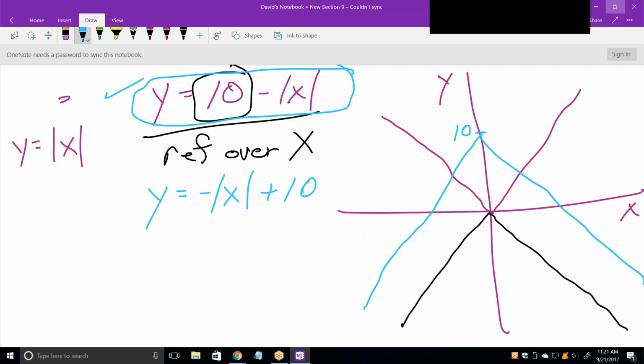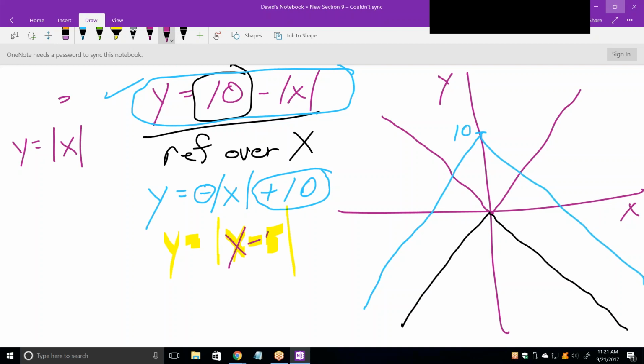Okay. So the first thing I run into is the negative sign. That's a reflection over x. We did that first. Next thing I run into is a vertical shift up 10. That's different than a horizontal shift. If I were to do a horizontal shift, it would be this. In other words, if it's inside the function, that's a horizontal shift.